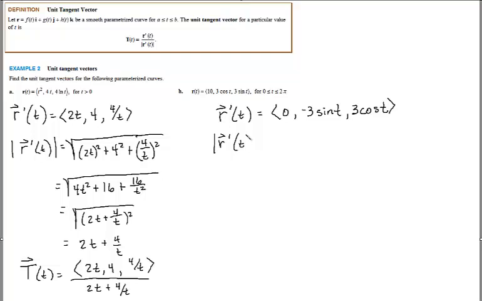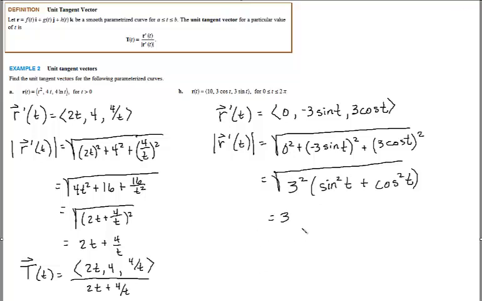That's just going to be 0 squared plus negative 3 sine t quantity squared plus 3 cosine t quantity squared. This is going to be an identity. I'll go ahead and get that. That one ended up really nice.